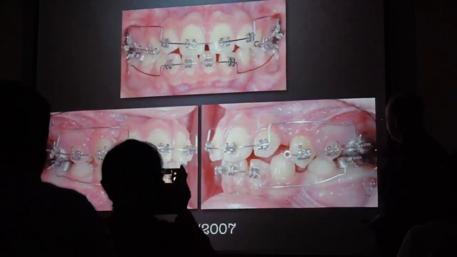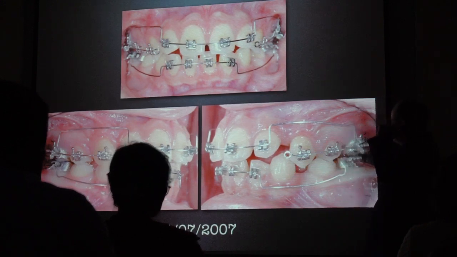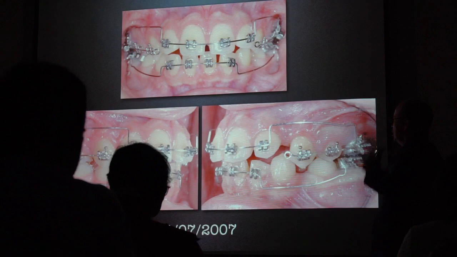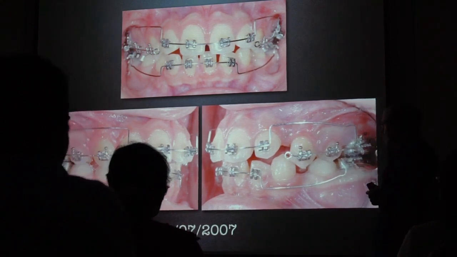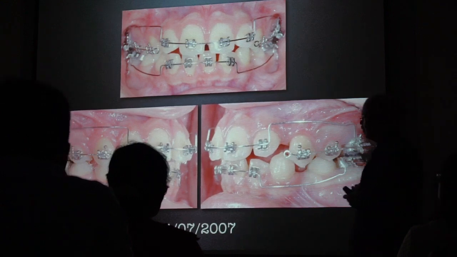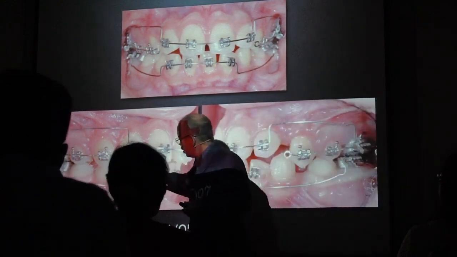Okay, I think that here we use a little bit of cervical to extrude, and with cortical anchorage to intrude. So I like to unlock.